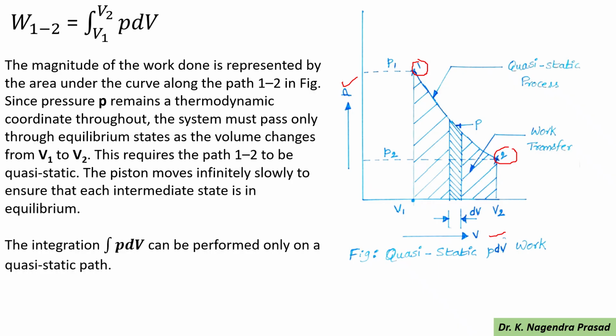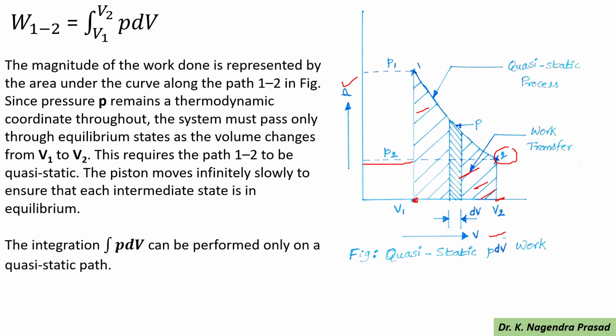The pressure changes from P1 to P2, which is decreasing, and the volume changes from V1 to V2, which is increasing. The work done is represented by the area under this PV curve.